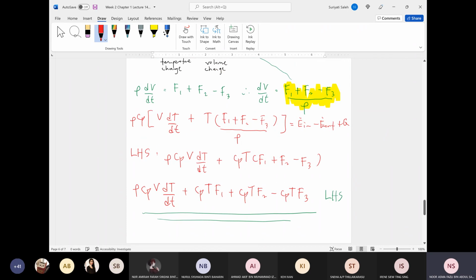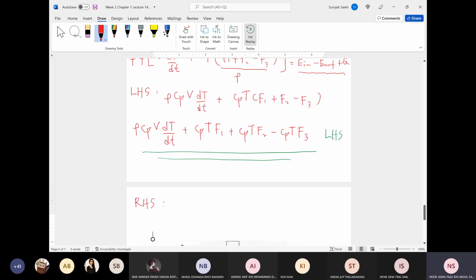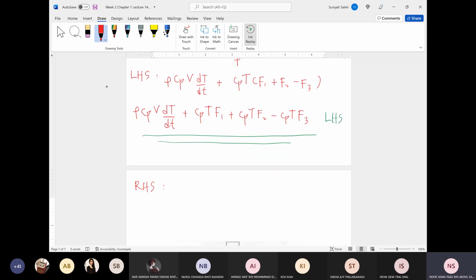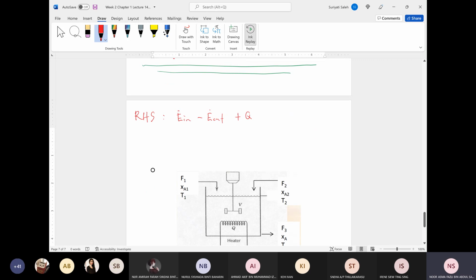Based on this equation, you can see it equals E in minus E out plus Q. Based on our diagram, the blending system here has two inlets, the first inlet and the second inlet. So we need to add both inlets in the form of energy.